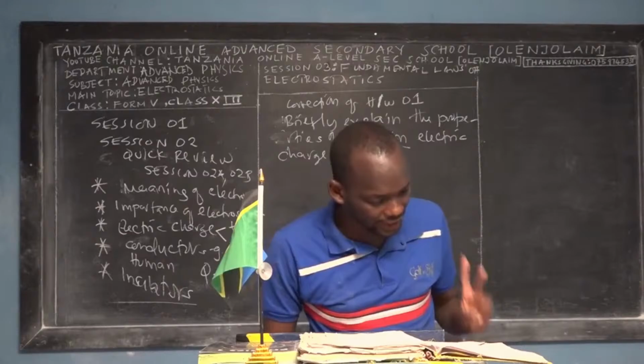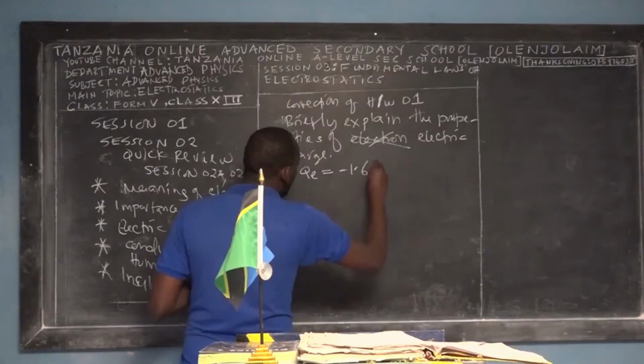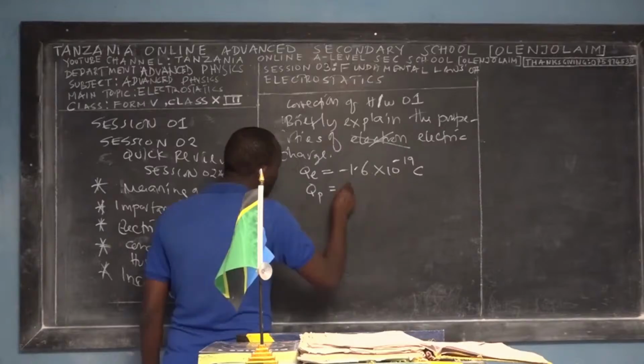The charge on an object is either positive or negative, Ne, where n is an integer and e is the electric charge, which is 1.6 × 10^-19. So the charge of an electron is negative 1.6 × 10^-19 coulomb, and the charge of a proton is positive 1.6 × 10^-19 coulomb, right?